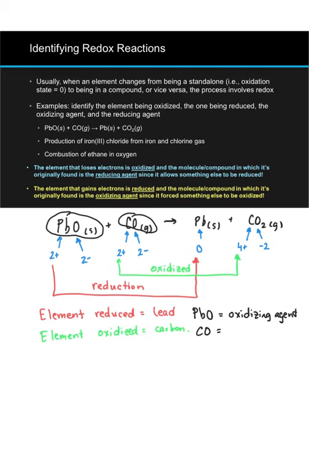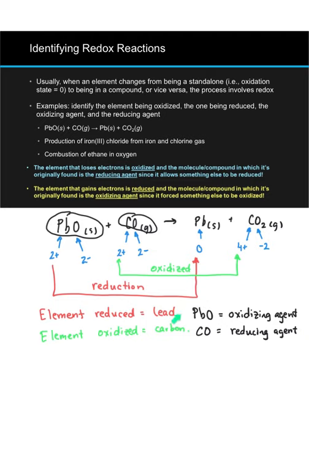And we'll call carbon monoxide our reducing agent. The carbon in carbon monoxide loses the electrons that the lead in lead oxide gains. By losing electrons, this carbon facilitates somebody else being reduced. By gaining electrons, the lead here facilitated the carbon in carbon monoxide losing electrons in the first place.